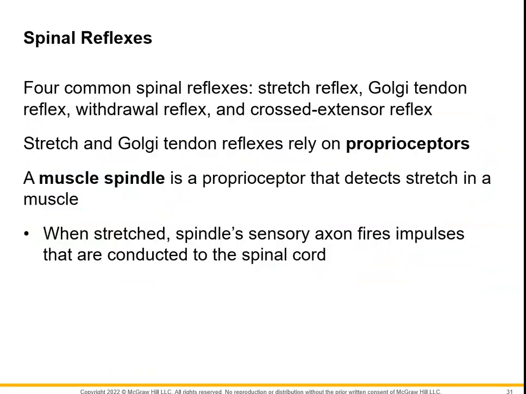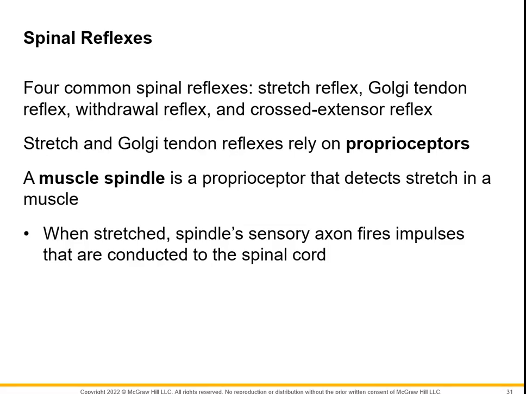There are four common spinal reflexes: stretch, Golgi tendon, withdrawal, and crossed extensor. The ones that involve the proprioceptors are the stretch reflexes and the tendon reflexes. Now remember, proprioceptors are going to be found in joints, muscles, and tendons, and they specifically detect changes to those structures, such as stretch or tension in muscle when your muscle is contracting or stretching.